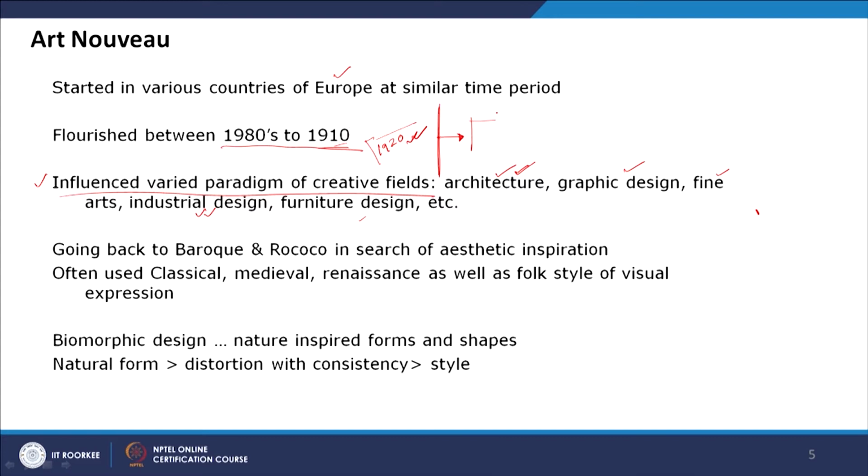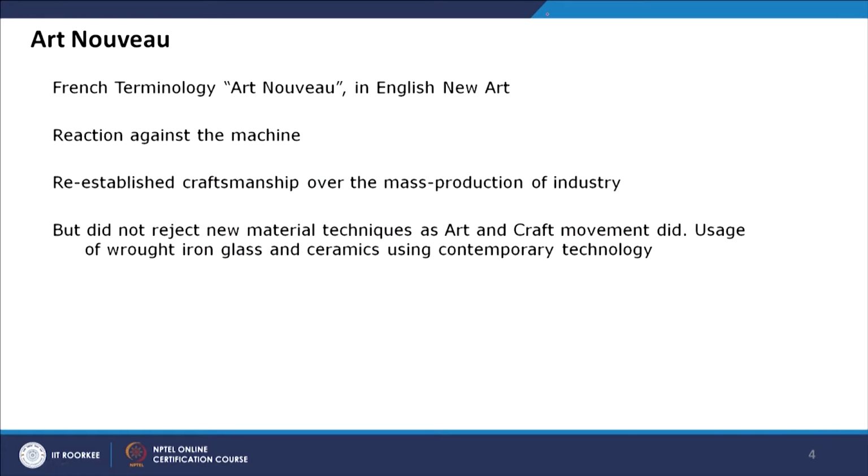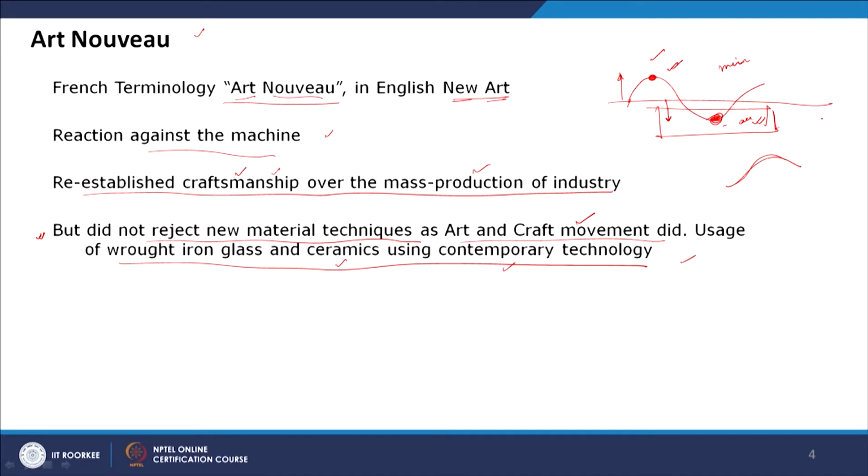And again, similar to the Arts and Crafts movement, if we look at the Art Nouveau inspiration board, from where they got their visual inspiration and style, they had Baroque and Rococo again. Why Baroque and Rococo again? As we were discussing, if we look at this graph, Arts and Crafts is high on aesthetics.